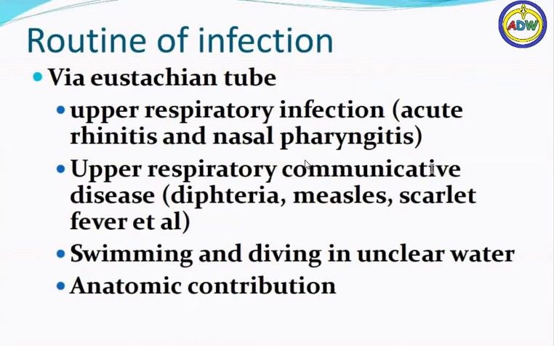And these infections can spread if the patient suffers from upper respiratory tract infections, acute rhinitis, and nasopharyngitis. It's an acute process in the nose. This is the pharynx, nasopharynx. Next, upper respiratory communicable diseases: diphtheria, measles, scarlet fever, and so on, swimming and diving in unclean water, and anatomic contribution.